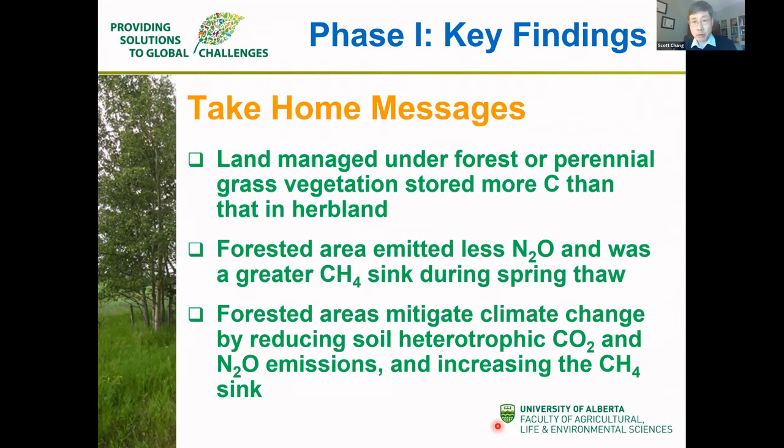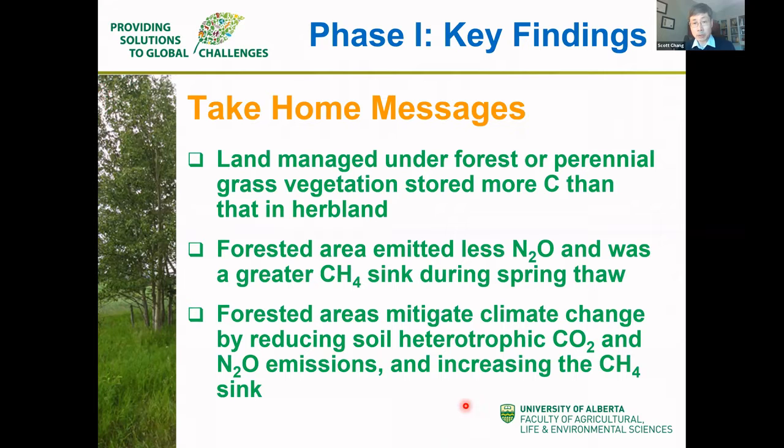So some of the take-home messages from the first phase of the project are that land managed under forest or perennial grass vegetation was able to store much more carbon, so organic carbon, than the herbland, and therefore there is a benefit to promote tree planting or inclusion of trees in the agricultural landscape.